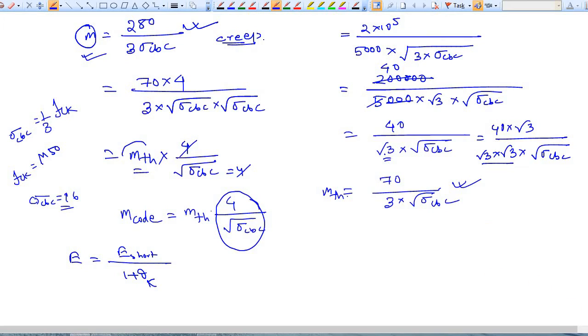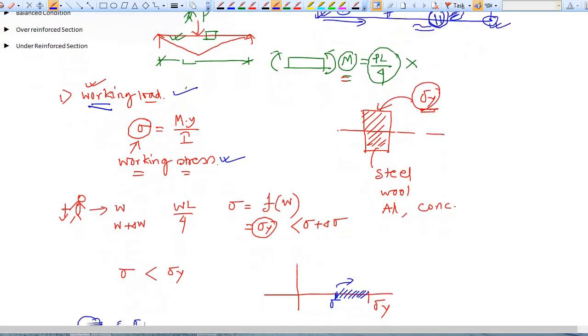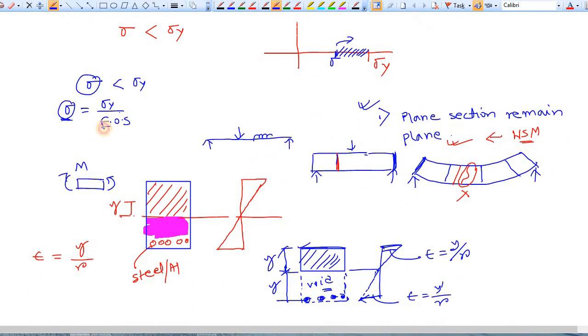Now let's recap. In this journey you have reached almost here, and let's recap the assumptions I have made in the working stress method. First, we have to consider working load. Second, we have to consider working stress, and third, we have to consider some factor of safety in the allowable stress. Then, plane sections remain plane.